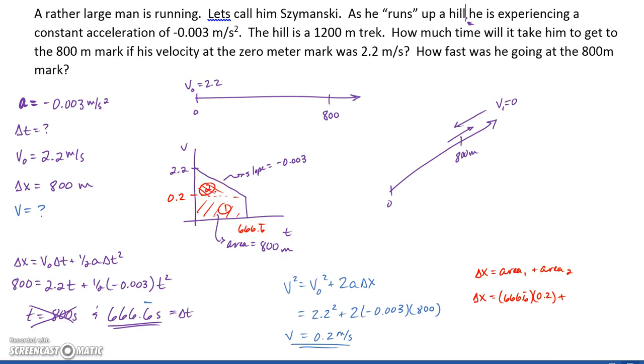So it's 1/2 base, so again 666.6 times your height. And my height here is only 2 because I take the difference of these two, so my height's only 2. All right, and so then when I add these together, I'm going to get my 800 meters. And that's a way you can confirm yourself to make sure if you did it right.